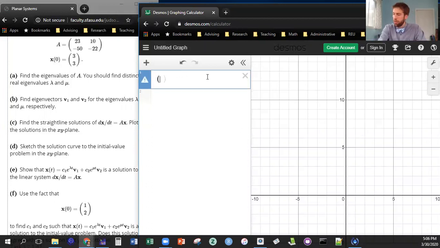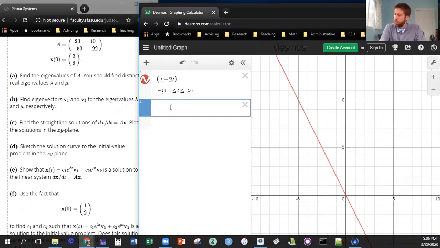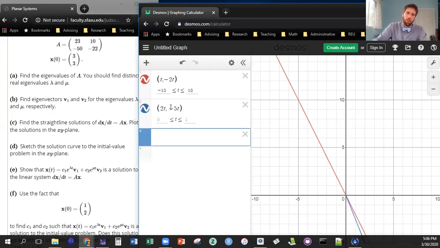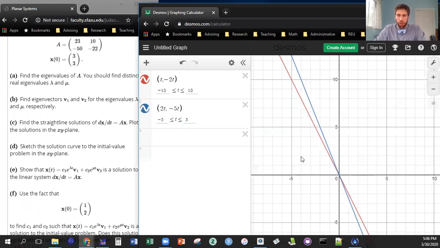Think about it like t, negative 2t from, let's say, negative 10 to 10, and 2t, negative 5t, say negative 5 to 5. That's one way to do it. The other way to do it would be to go through, wow, this is so close together.